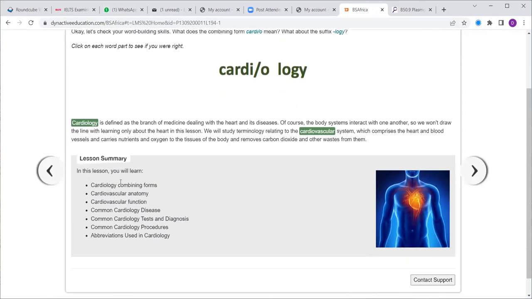So you have cardiology combining forms, cardiovascular anatomy, cardiovascular function, common cardiology diseases, common cardiology tests and diagnoses, common cardiology procedures, surgical procedures a doctor will perform, and so on and so forth.